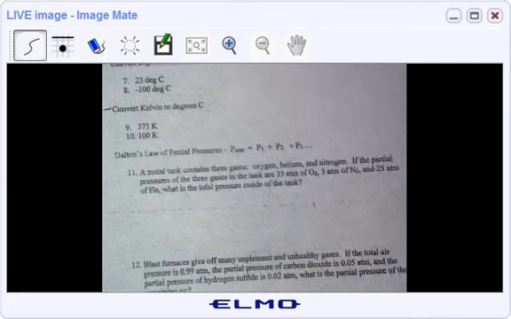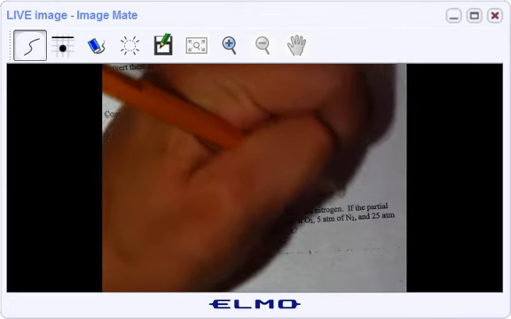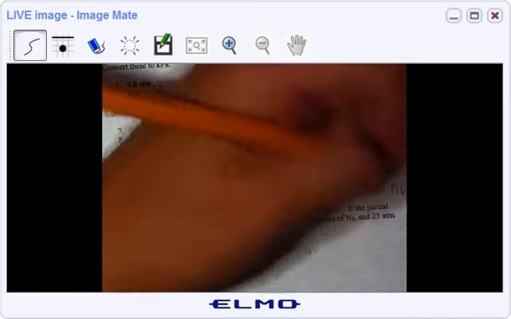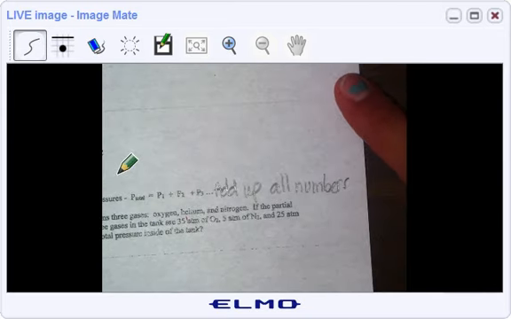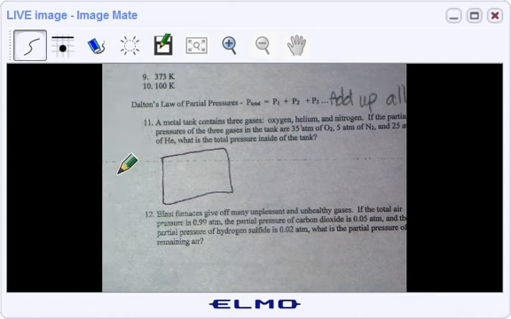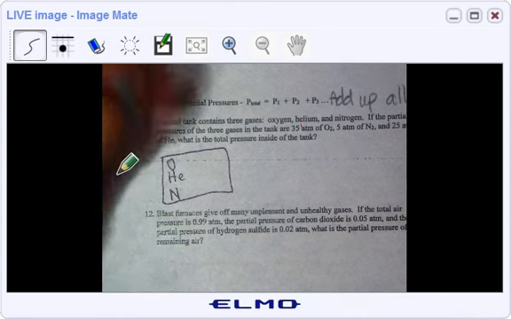Dalton's law of partial pressure. This is just add up all numbers. You're going to add up the numbers given to get the total pressure. They're going to give you numbers and then you add them up. I'll show you the example in number 11. A metal tank has 3 gases, oxygen, helium, nitrogen.